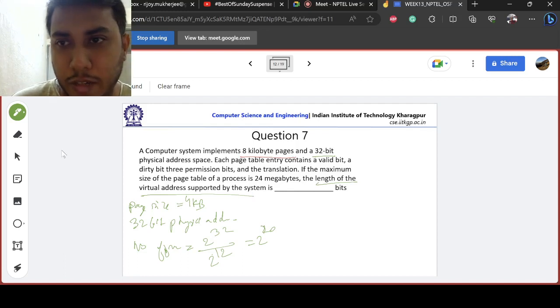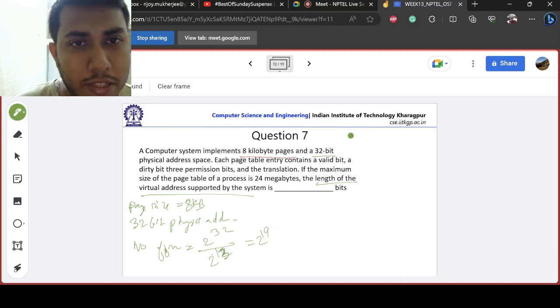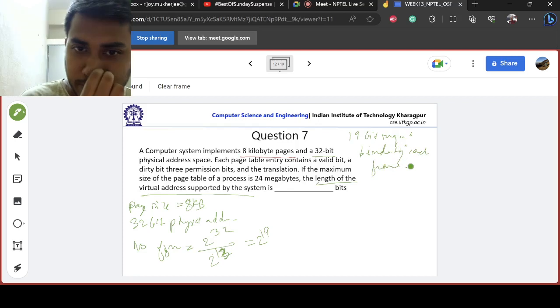So it is given 8 KB. So it will be 2 to the power of 19 frames. Now that means 19 bits are required to identify each frame, right?